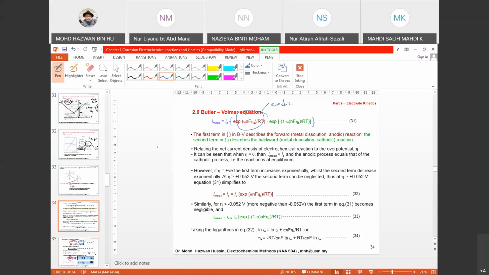If you still remember, the measured current density is equal to the anodic current density minus the cathodic current density. So this is one part from anodic, and this is for the forward reaction, and another part is coming from the cathodic side, the reverse reaction.